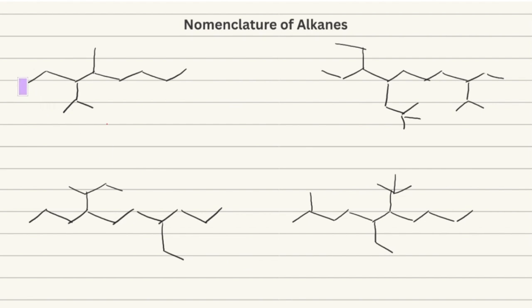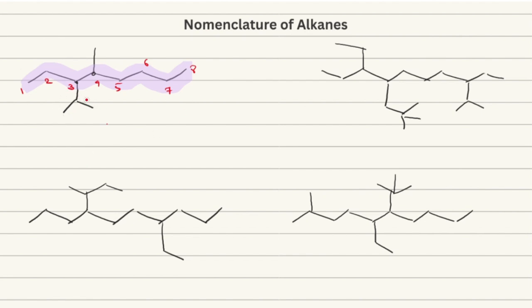As usual, you have to choose the longest chain of carbons. The second step is to number the chain in such a way that the substituent carbons, that is the locants, get the least possible number. If we number from this side, it's going to get the least possible number and it will obey the lowest sum rule.